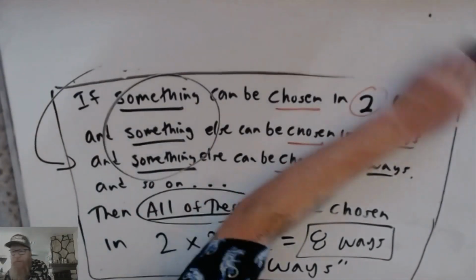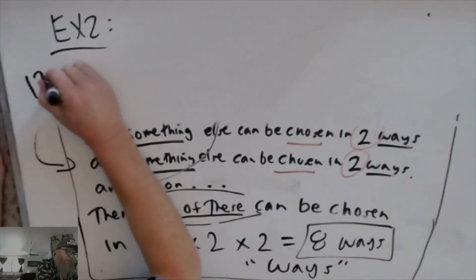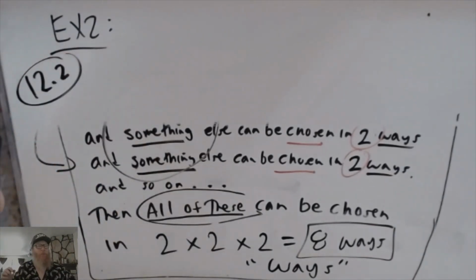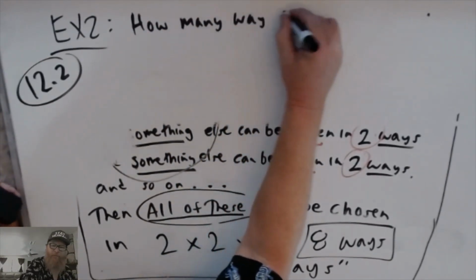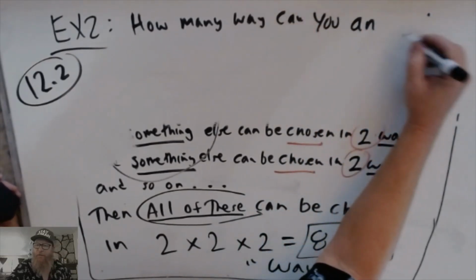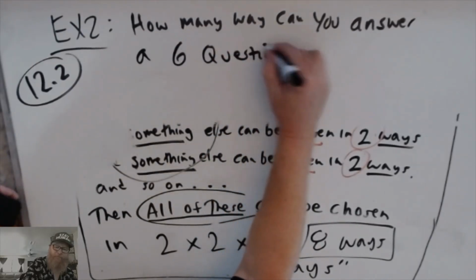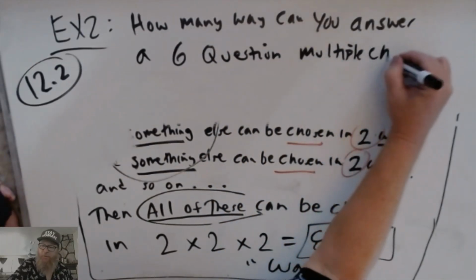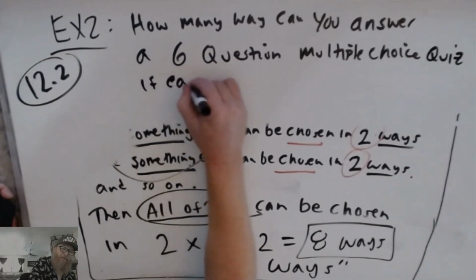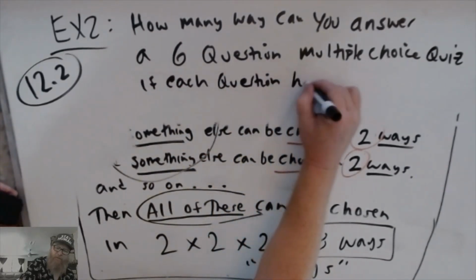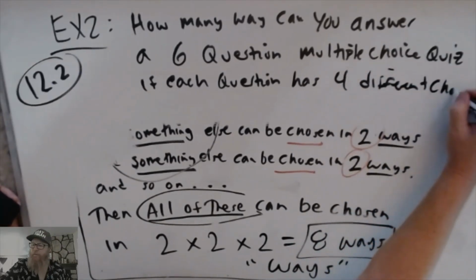Okay. So example 2. Notice we are now in 12.2. 12.1 is done. How many ways can you answer a 6-question multiple choice quiz if each question has 4 different choices?